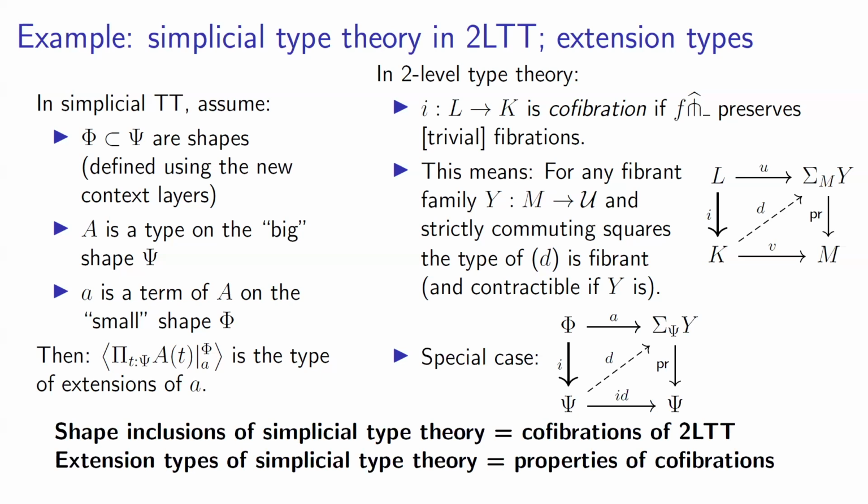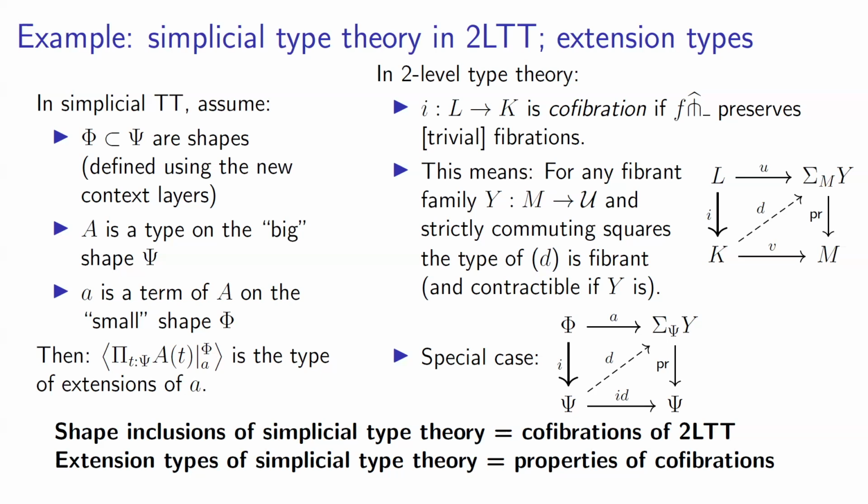Right, so this is a fairly simple observation, but if you work in two-level type theory, then extension types are not something that you have to assume to exist in the theory, but something that you can construct.